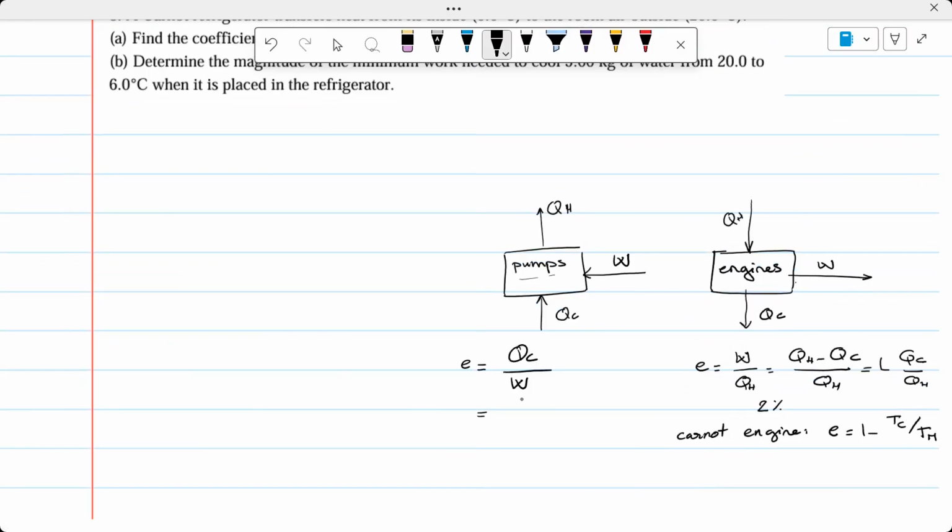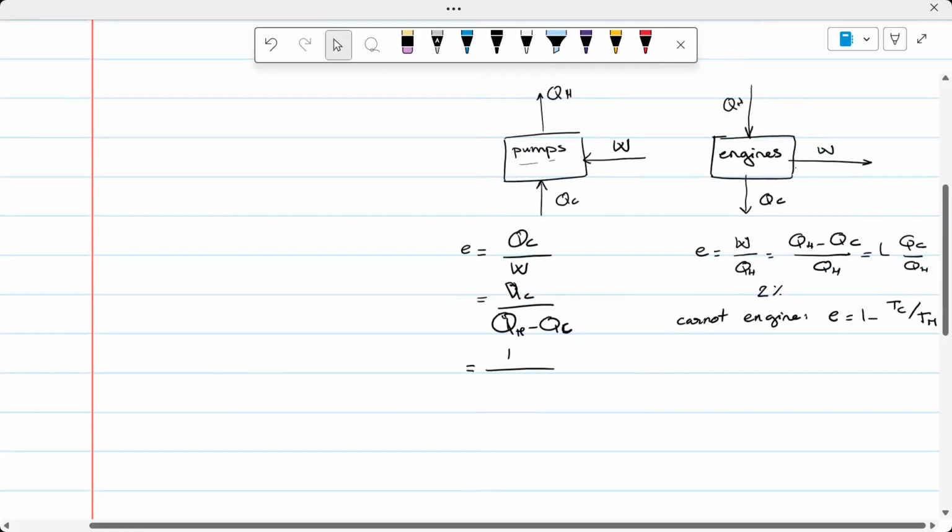And again, we can write W to be equal to QH minus QC and rearrange our equation. Sometimes the equation is written as, if we divide by QC in the numerator, we would get QH over QC minus 1.